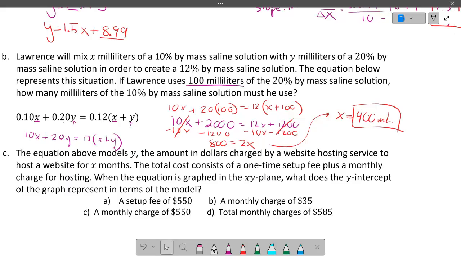Whether you're mixing a percent, a cost, where X and Y represent a volume or a mass, some measurement quantity, and then the coefficients are either a cost or a percentage. It's this general structure where we have quantity A plus quantity B equals whatever the final is, and we're adding the two quantities together. What is the total amount? It's this same general structure every time.